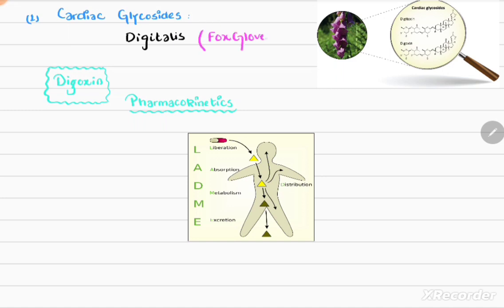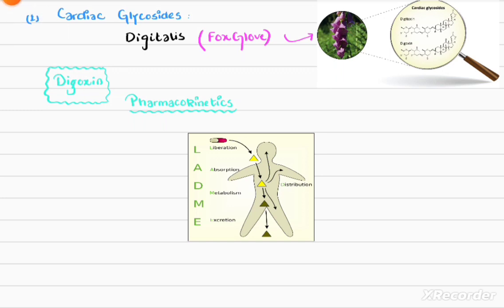So here is a picture of this plant. The drug digoxin is derived from this plant digitalis, and it has been used for a very, very long time in the management of heart failure, and nowadays we use it in the treatment of heart failure, as well as it has some other applications.